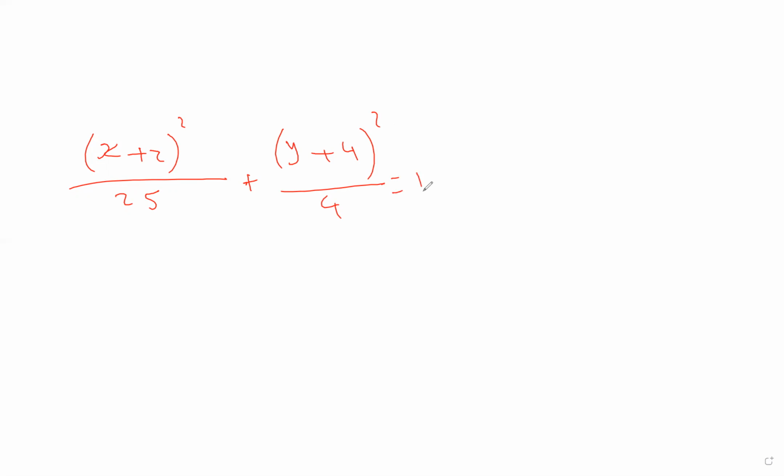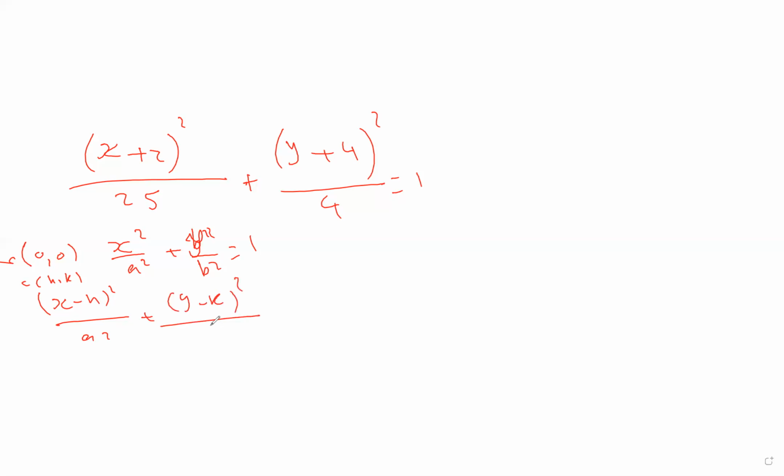We knew already that the equation is x² over a² plus y² over b² equals 1 if the center is the origin, and if the center is (h, k), it will be (x − h)² over a² plus (y − k)² over b² equals 1. And this is the form of this one, okay?